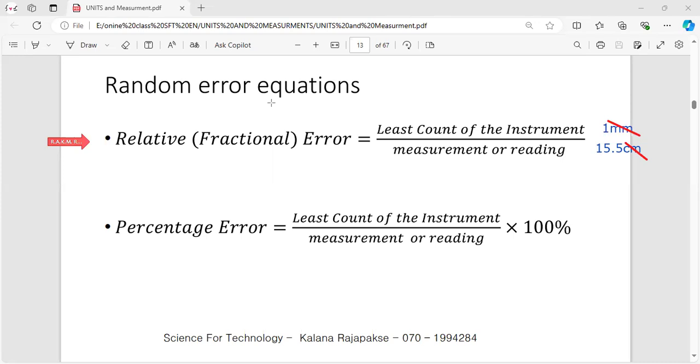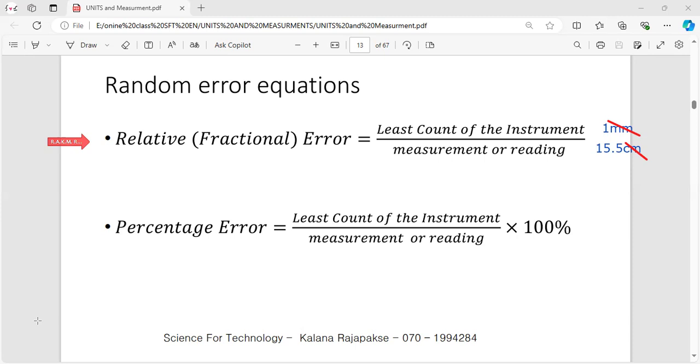With your measurement instrument, according to this 15.5 centimeter measurement, you can say it can contain a percentage error of this much. So what is going to be the value? If I take a quick calculation, 1 divided by 155, it is going to be 0.006, multiplied by 100.